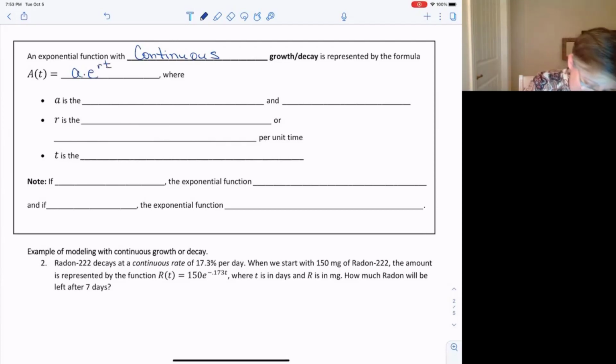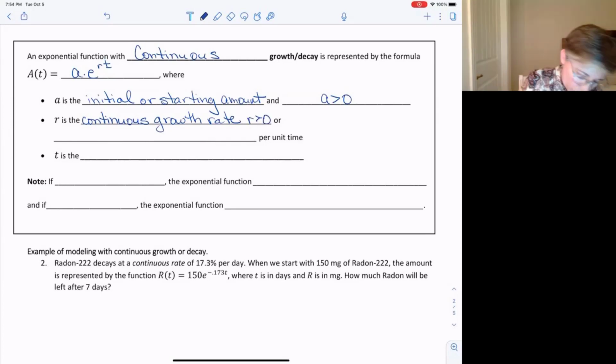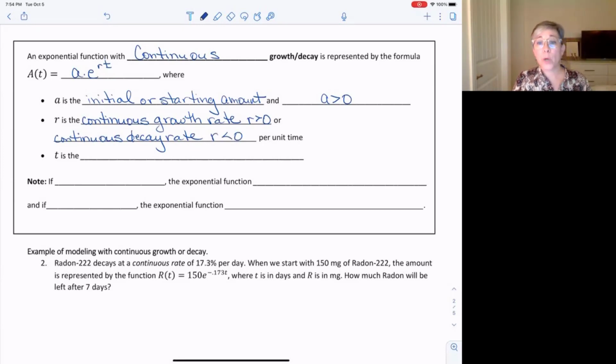So a is still the initial or starting amount, and a still has to be greater than 0. r is the continuous growth rate if it is positive, in other words, greater than 0, or the continuous decay rate if r is negative or less than 0, and that is per the unit of time. t is the time elapsed since the beginning, and it could be in minutes, seconds, hours, days, months, years.